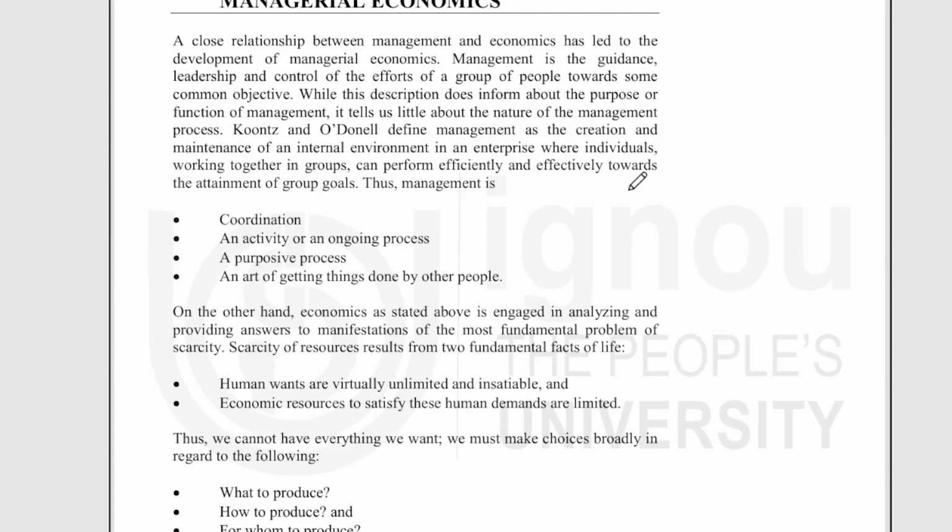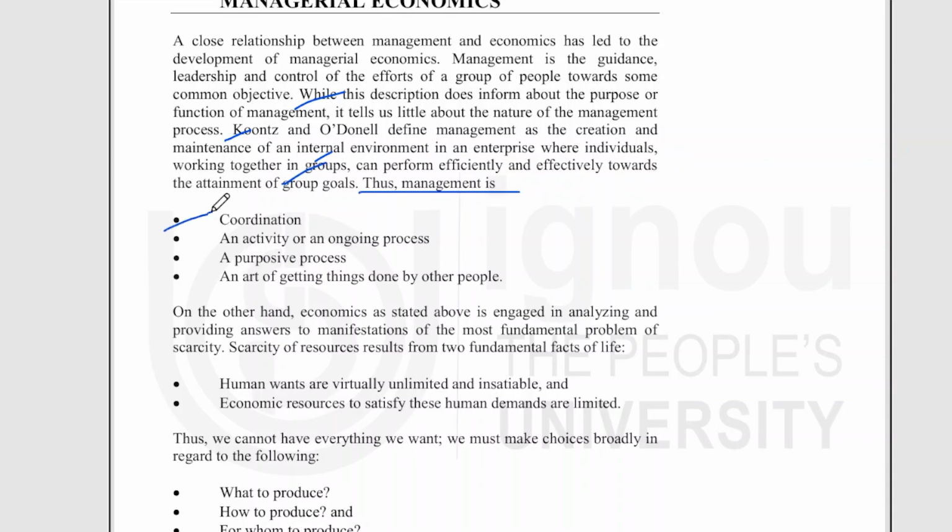While this description does inform about the purpose or function of management, it tells us little about the nature of the management process. Koontz and O'Donnell define management as the creation and maintenance of an internal environment in an enterprise where individuals working together in groups can perform efficiently and effectively towards the attainment of group goals.